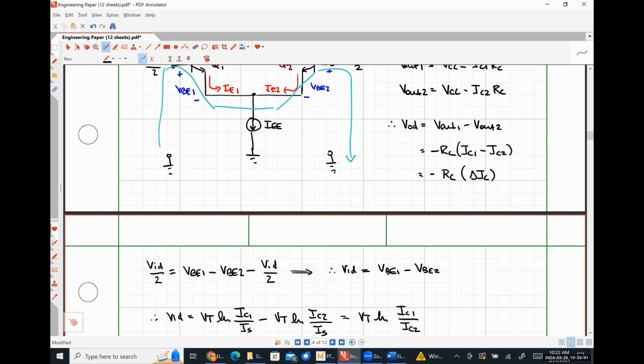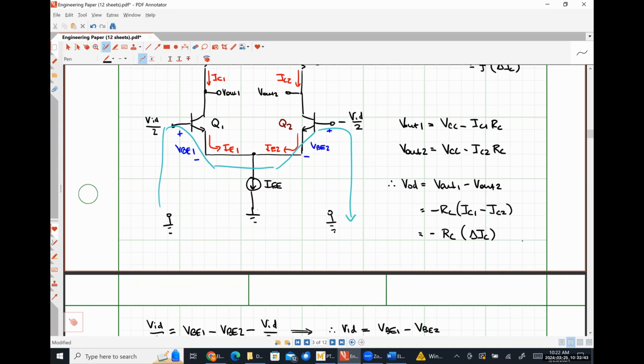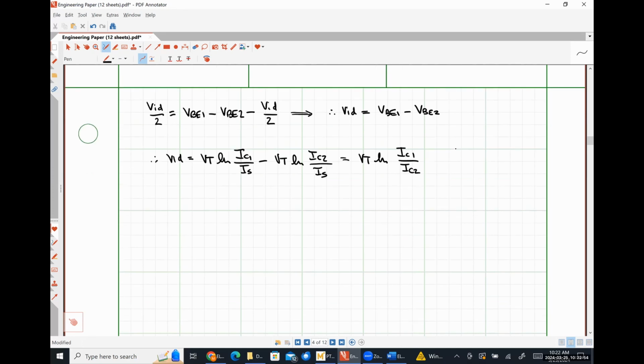So now, let's write a Kirchhoff's current law equation at that node. So we would have our tail current, IEE, is equal to IE1 plus IE2.